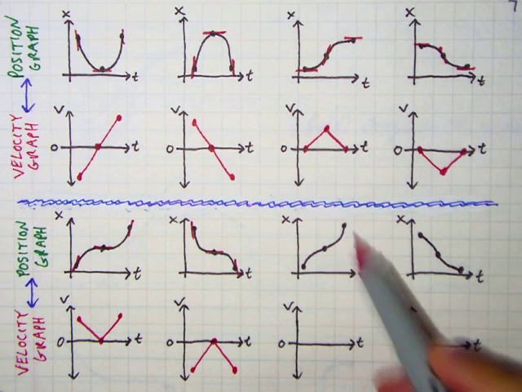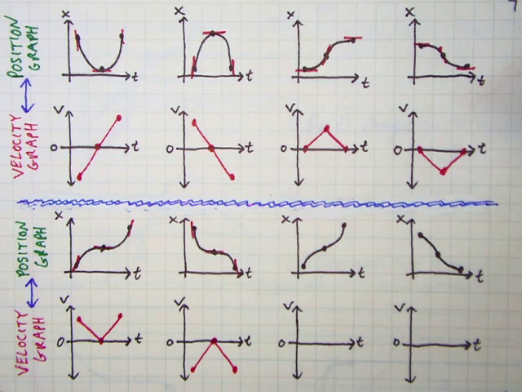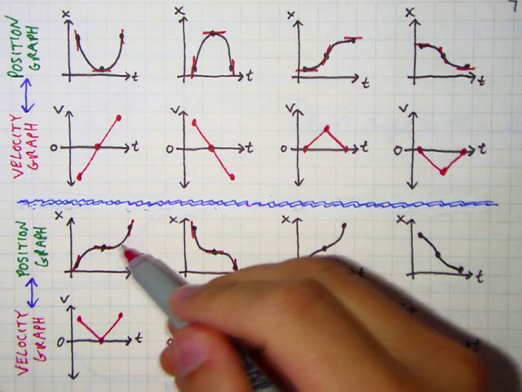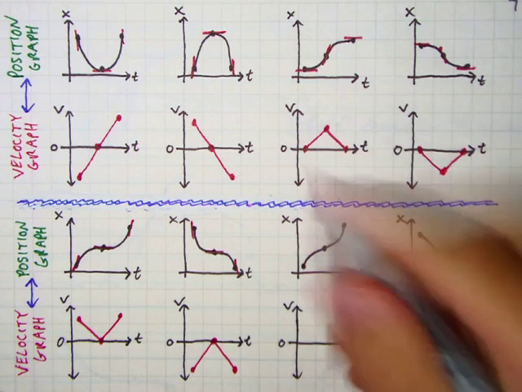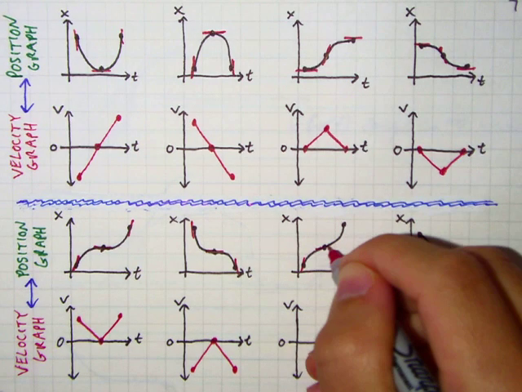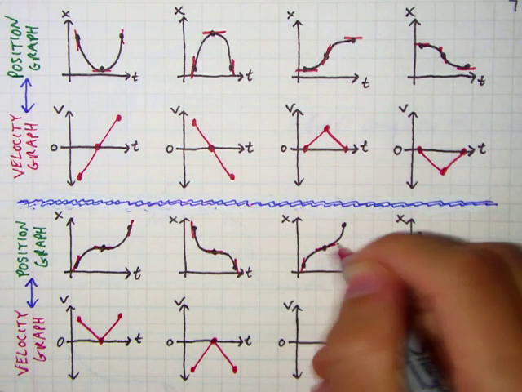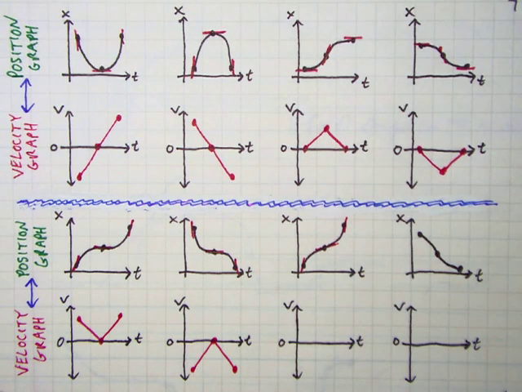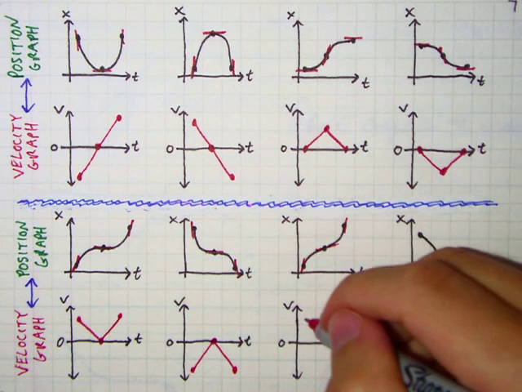I want you to compare this graph to this graph. Here we moved positive and came to rest, and then moved positive again. Here we're moving in the positive direction, but we don't quite come to rest. It looks like you're still moving a bit in the positive x direction right there, and then speeding up some more by the end. So we start out with a large positive velocity.